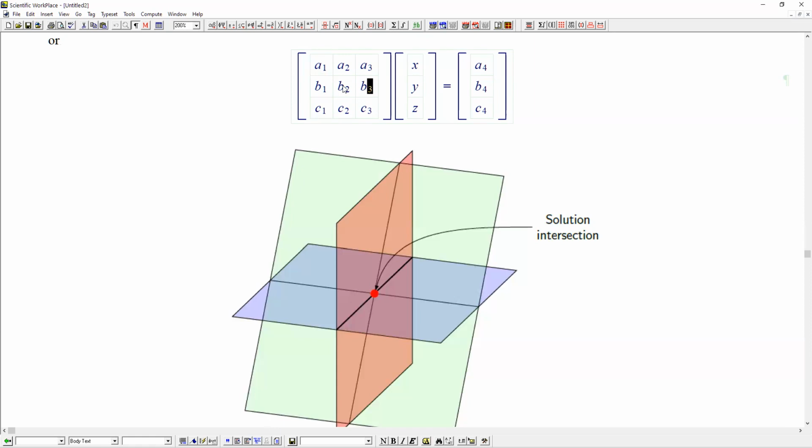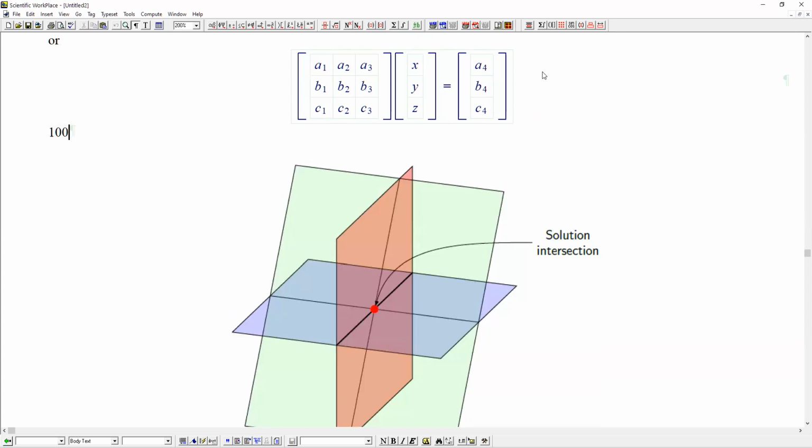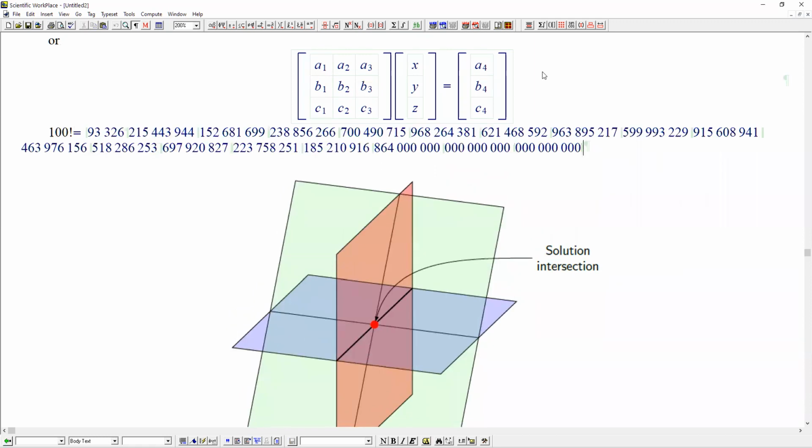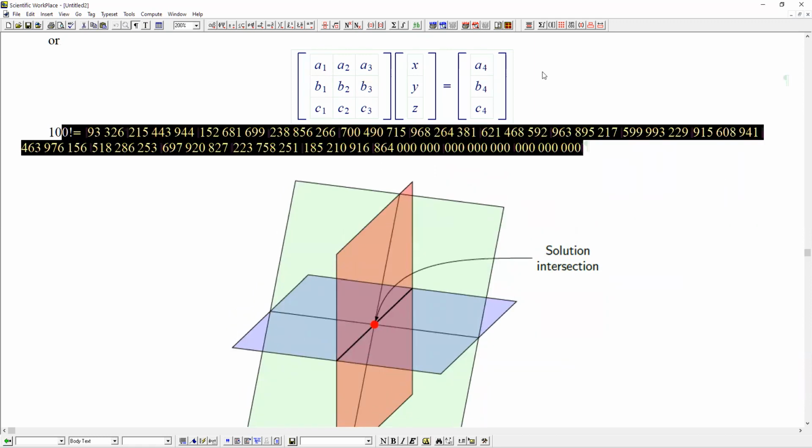We're just stuck. You'd be adding like 100 terms for a 10 by 10 matrix if you did it. Yeah, 100 by 100 means 100 factorial. No, I'm saying for 10 by 10. So 100 factorial is this many terms.